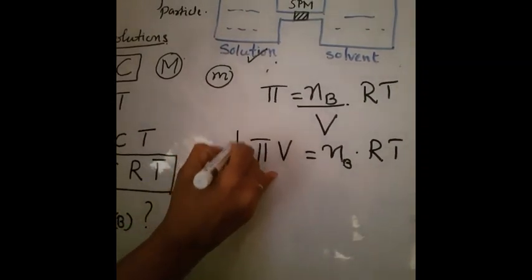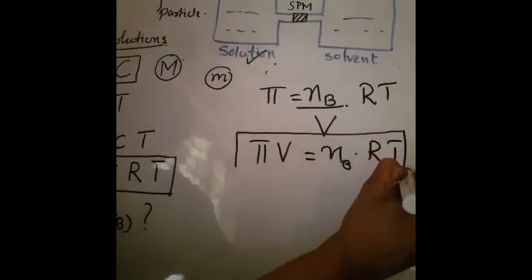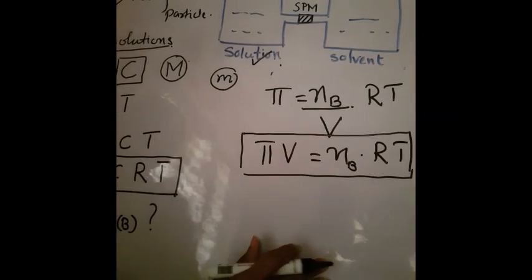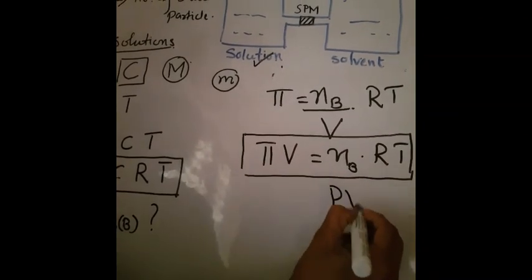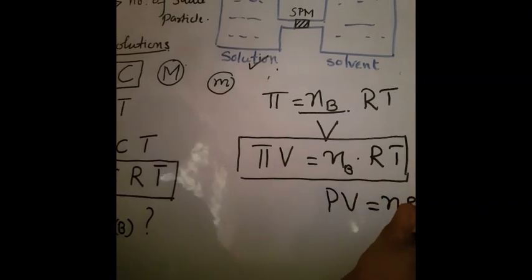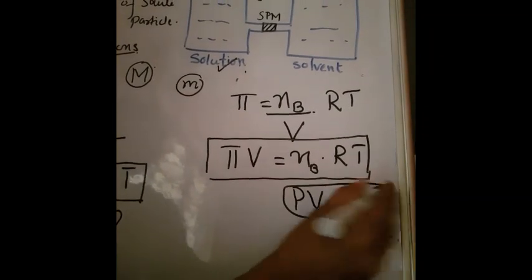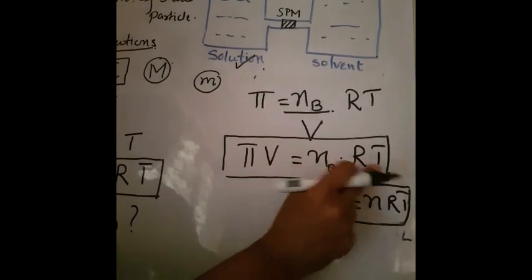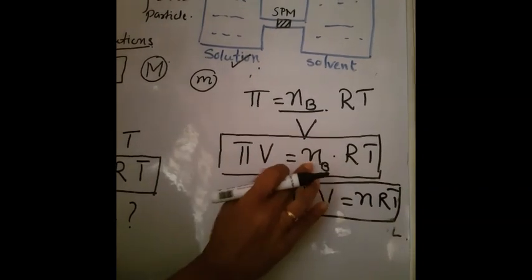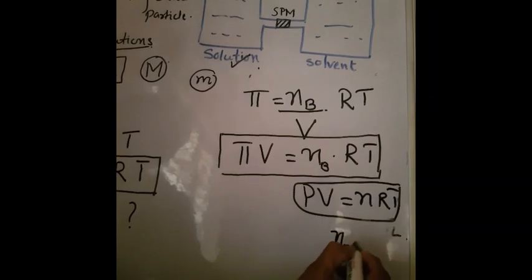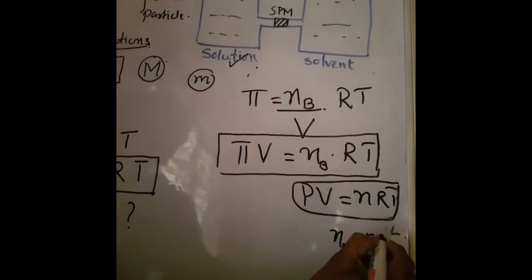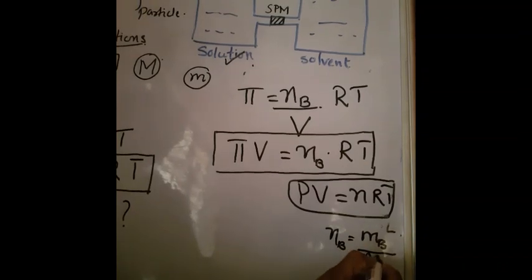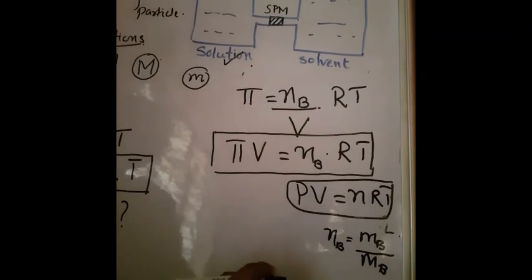Now, is there any relation between this pi V is equal to nRT and any other equation? You know what it is? For an ideal gas, the equation is PV is equal to nRT. The same equation is related to the gas. In solution, pi V is equal to nB RT. Now, coming back to nB, the number of moles is equal to the mass of what? The solute by the molar mass of the solute. Correct?